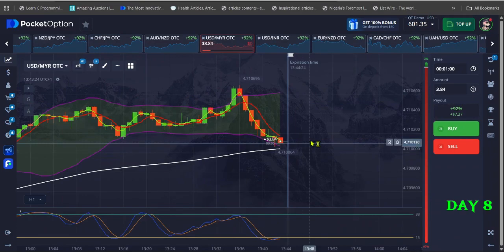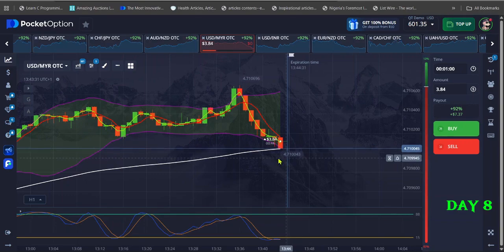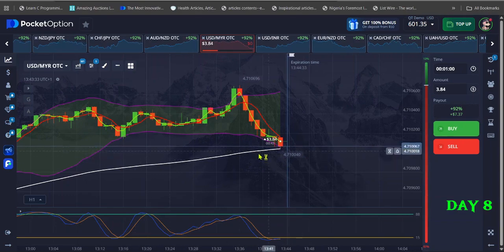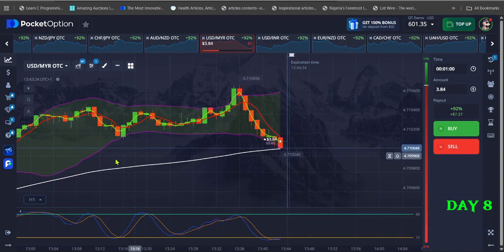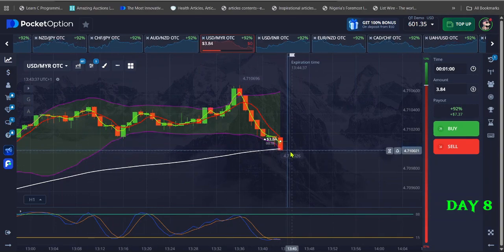So I took a buy here. The reason I'm taking this buy is because the price is approaching the 100 moving average, and many a time that 100 moving average serves as a support where price usually bounces off from.